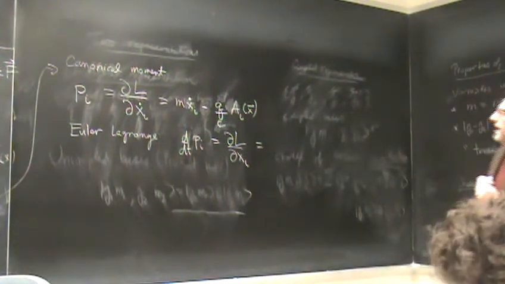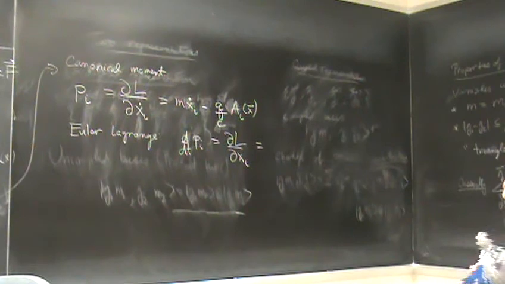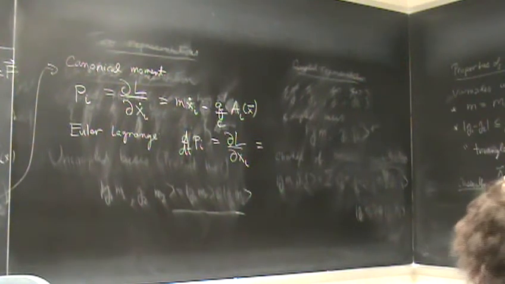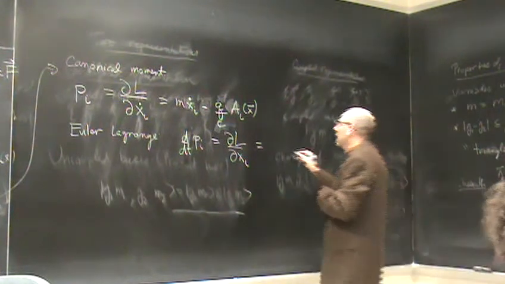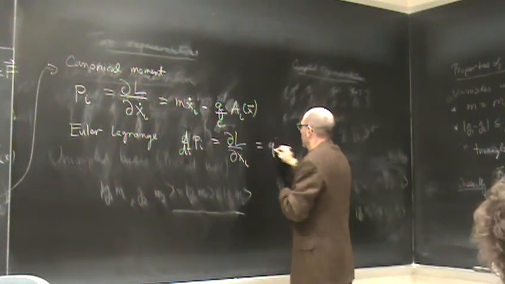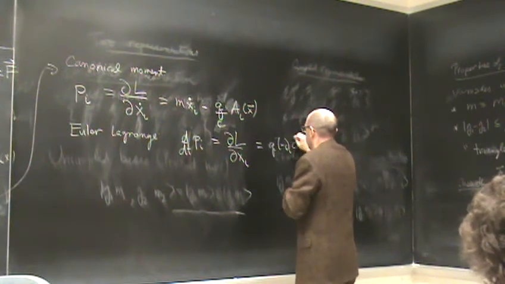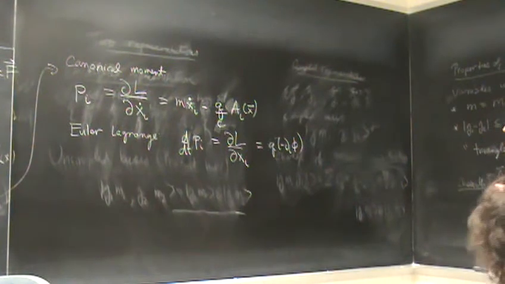Okay, so let's give it a shot. The gradient here of the Lagrangian is equal to Q times minus the gradient of the scalar potential. Okay?